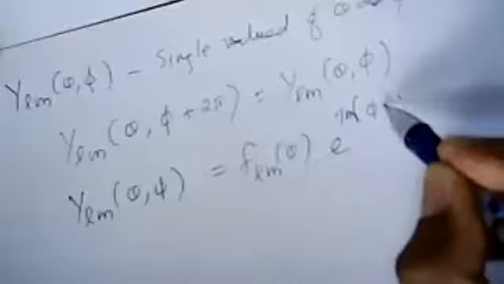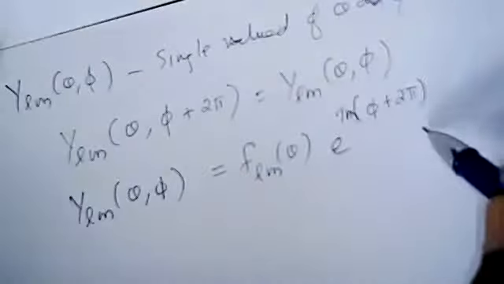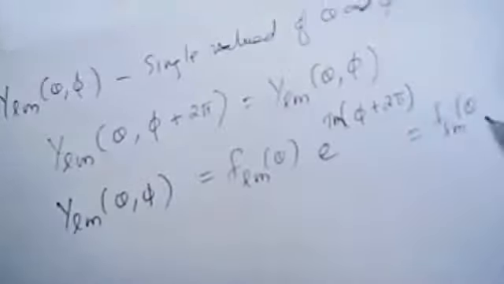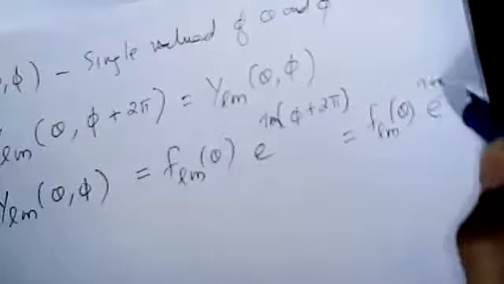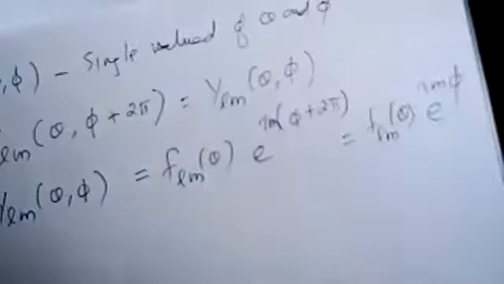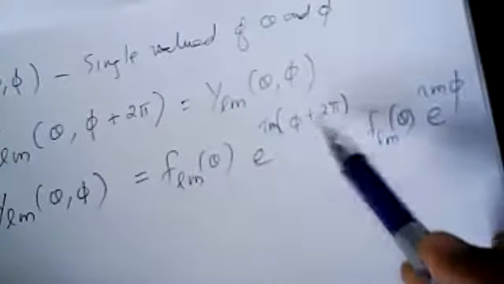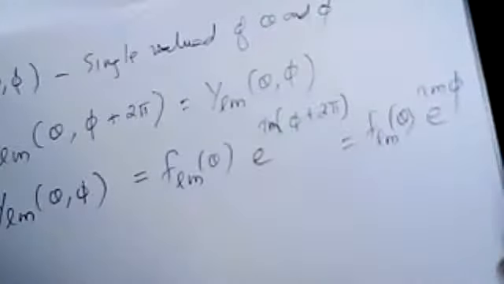Then with φ + 2π, that should be equal to f_lm(θ) e to the power of i m φ. That is the meaning of single valuedness. e to the power of i m (φ + 2π) is e to the power of i m φ.